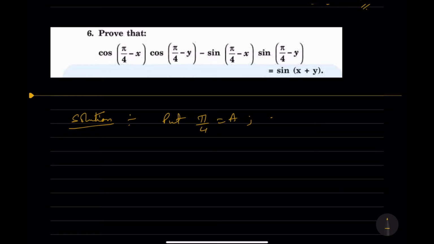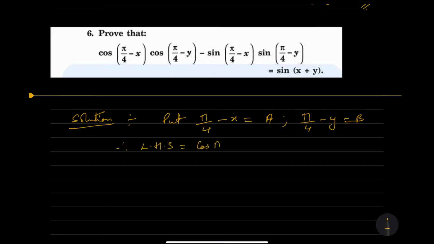So here you can put pi by 4 minus x as equal to a, and pi by 4 minus y equal to b. So here you are getting cos a cos b minus sin a sin b.